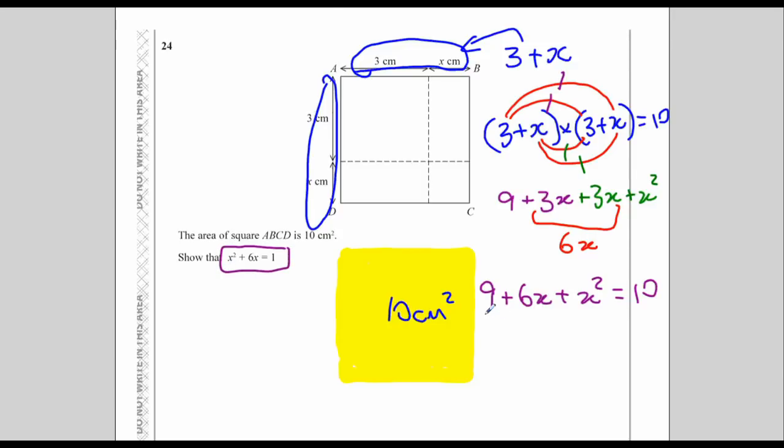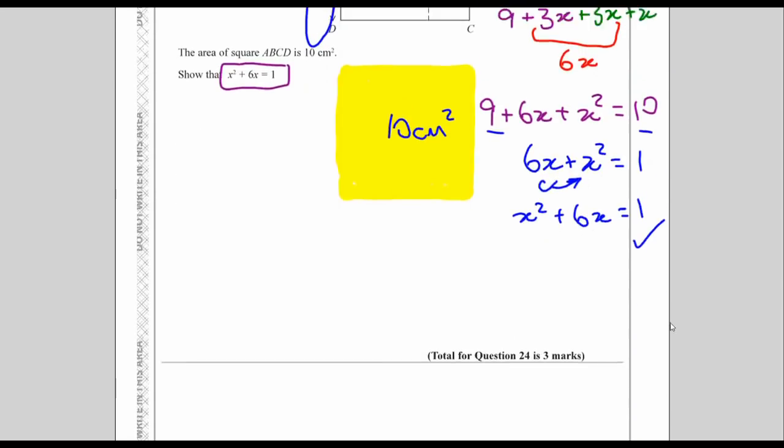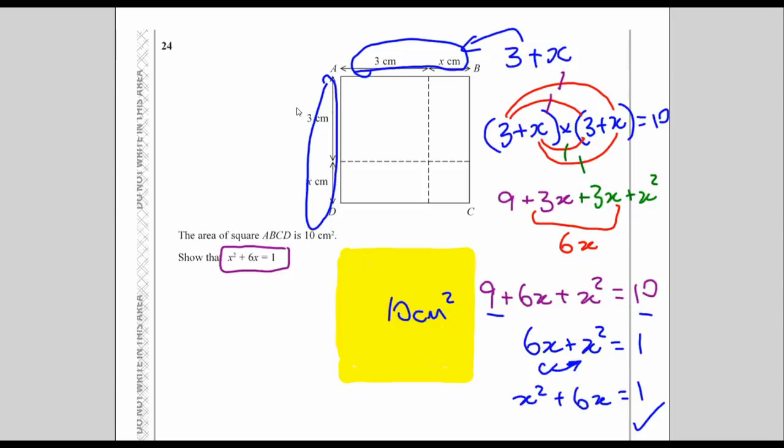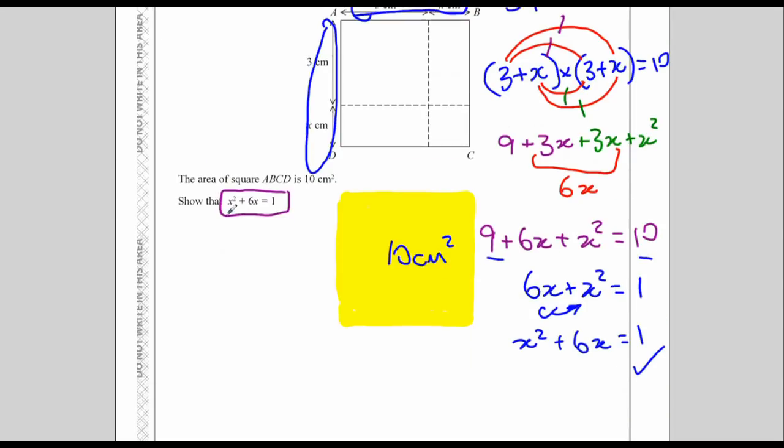All we need to do is take off the 9 from both sides to get 6x plus x squared is 1, and then just rearrange it, swap these guys around. x squared plus 6x equals 1. Shown it. When you get to a show that question, it's quite nice because you know if you've got the marks. That's 3 marks in the bag.